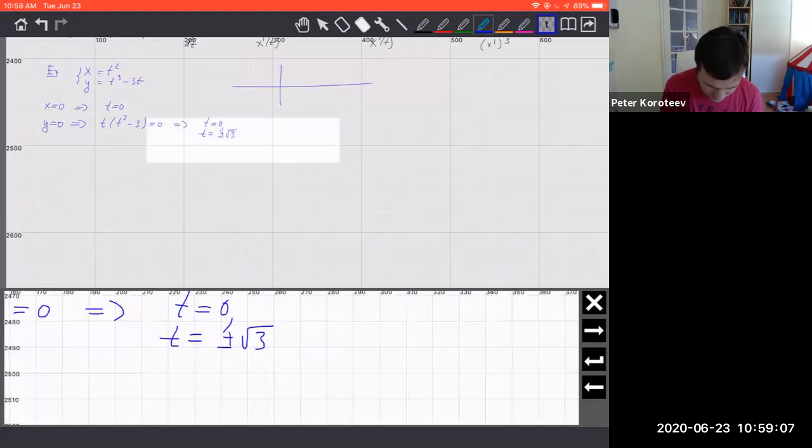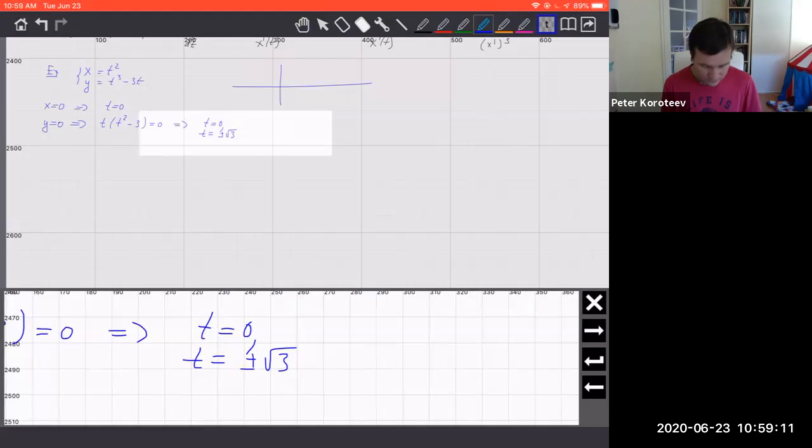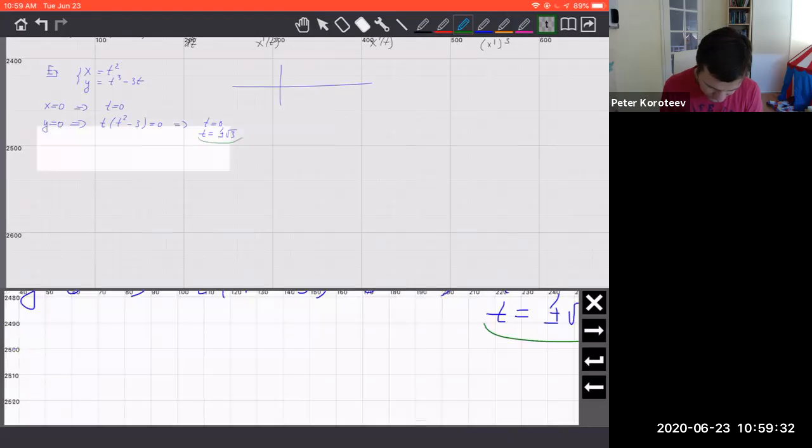So here we see that probably the graph has a self-intersection point because of this. Let's do it backwards.